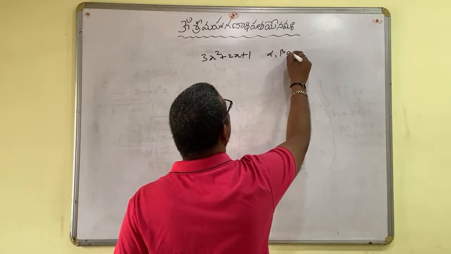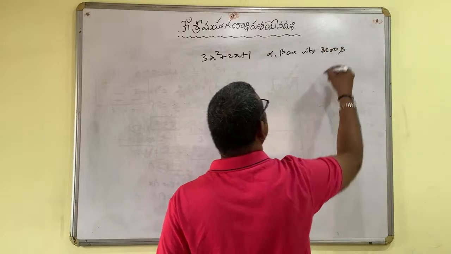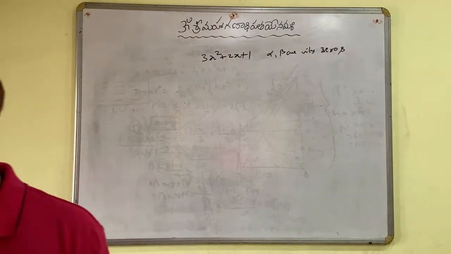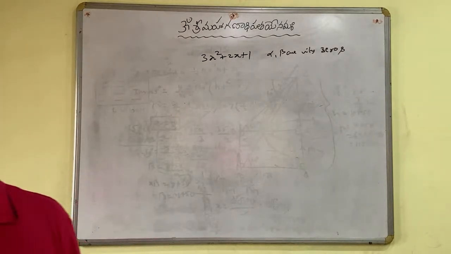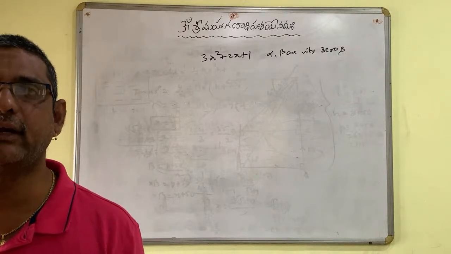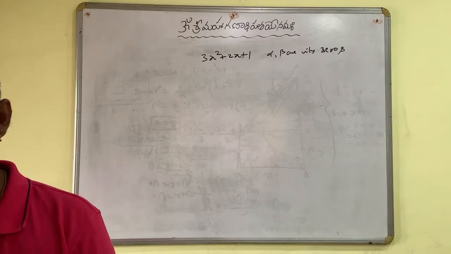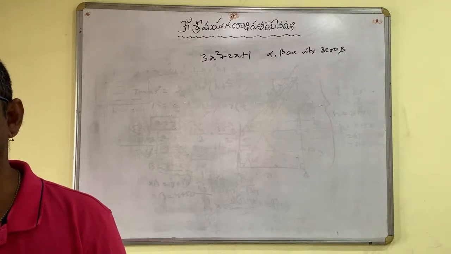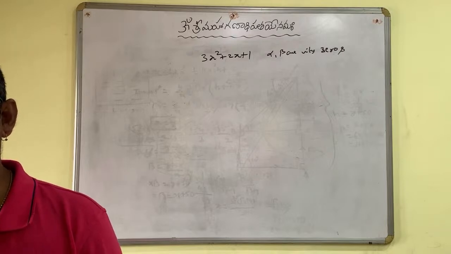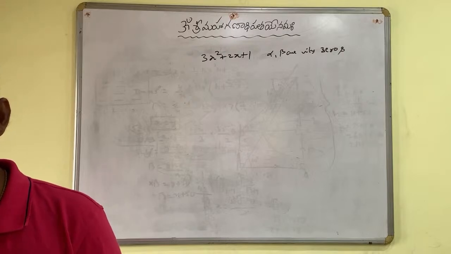Alpha comma beta are its zeros. Then immediately what we can do, children? We know the polynomial and we know that alpha and beta are its zeros. Immediately what we can write?